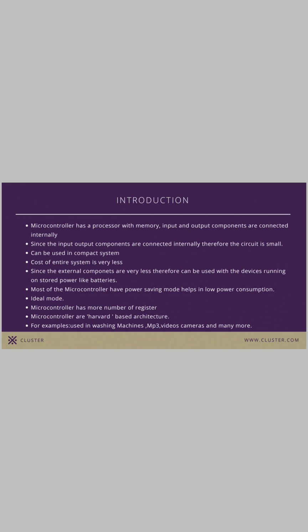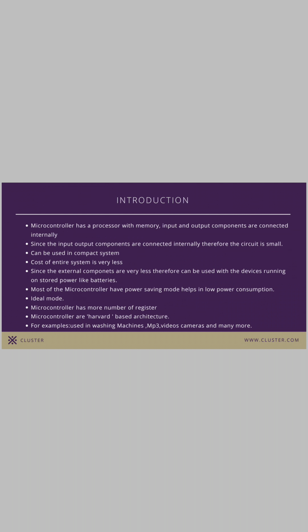We will be learning about the idle mode in the subsequent classes, as it is not the right time to deal with it now. The microcontroller has a larger number of registers. We will be learning what registers are. Microcontrollers are based on the Harvard architecture. We have three types of architecture, and we will learn about them in the subsequent classes, but for the meanwhile we should know what registers and architecture are.